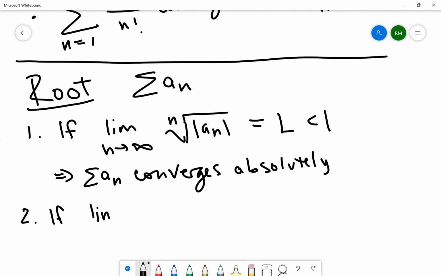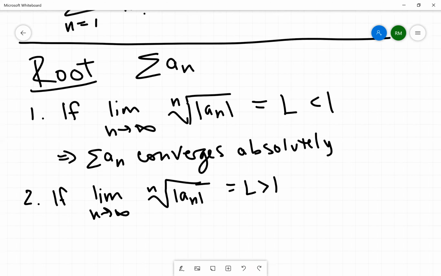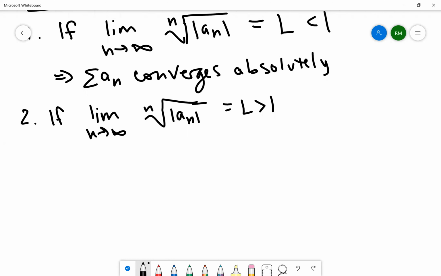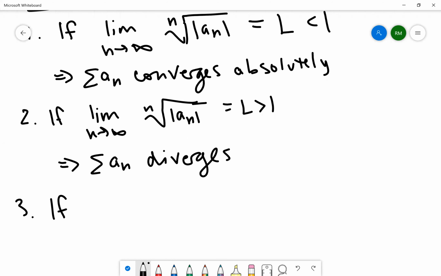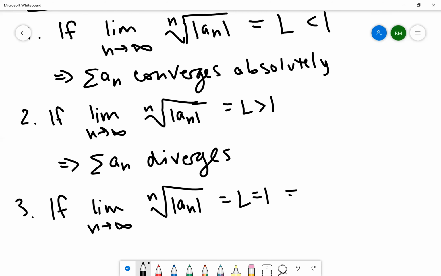If the limit of the nth root is bigger than 1, then it diverges. And last but not least, if the limit is equal to 1, you can probably guess what happens. The root test is inconclusive.